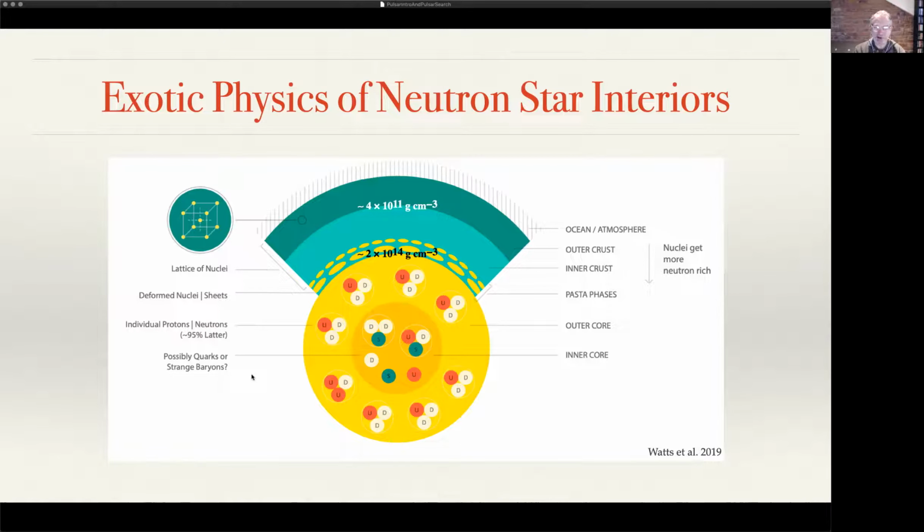We might get quarks, we might get free quarks, we might get strange baryons. There might be all sorts of different exotic material in there. And so understanding this interior structure of these neutron stars allows us to probe physics, which we just could not even contemplate simulating here on Earth.